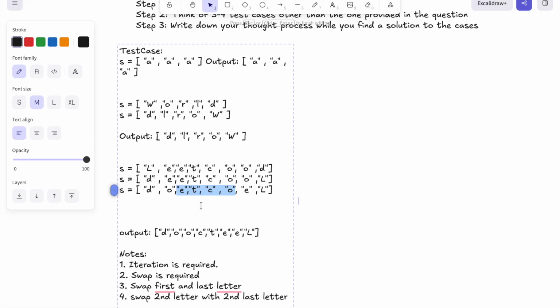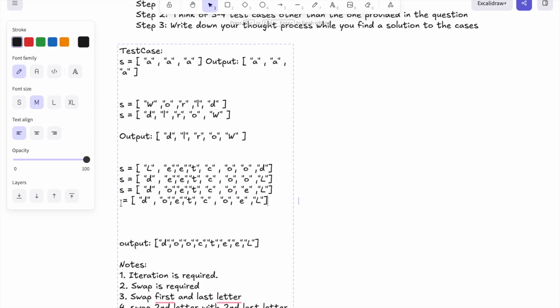So what's our next thing that we need to do? Okay, let's see if we need to do a swap of E. Yes, so E is not on its correct position, so we need to do a swap of E. We can't do it with T, we can't do it with C, we need to do it with O, because if I swap it with O, then our E will be on correct index and our O will be on correct index.